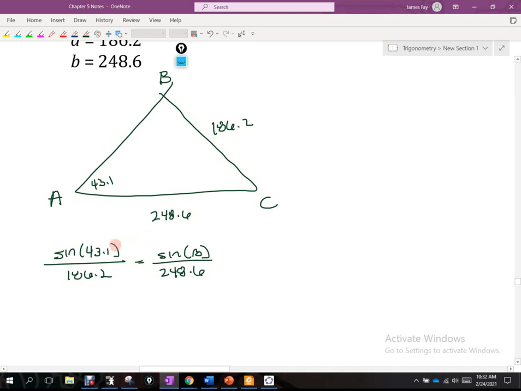And the more proficient you get, you start to learn shortcuts. A lot of times, eventually I get students that can just jump straight to B, just because they know what's going to happen here. But if we go 186.2 sine of B, it's equal to 248.6 sine of 43.1.